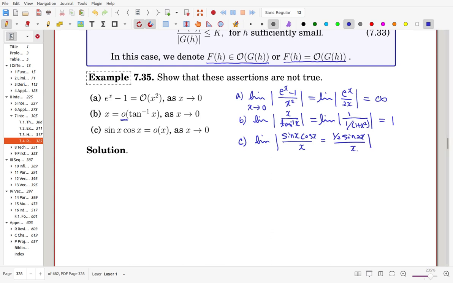Again, top and bottom approach 0, so by using L'Hopital's rule, that one becomes cosine 2x, and bottom is 1. So as x approaches 0, it is approaching 1, right? So it is in big O, but it's not little o, so that is wrong.